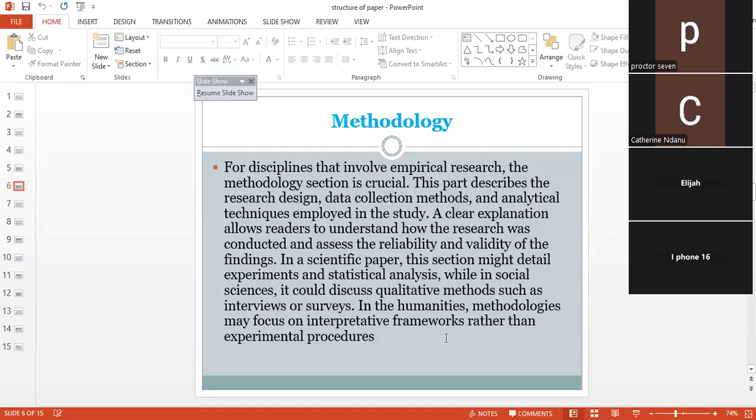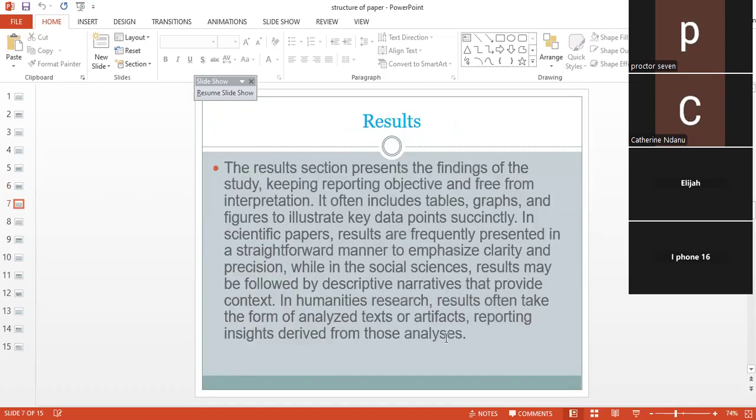Then there is a section called results. So in the results section, you present the findings of the study. So you now discuss the findings of the study. What did you find? After analyzing the data, what exactly did you find?